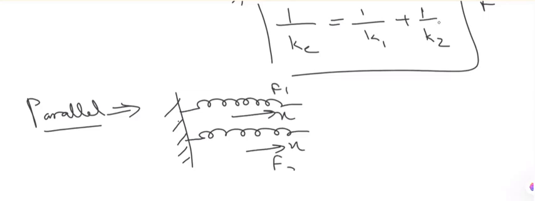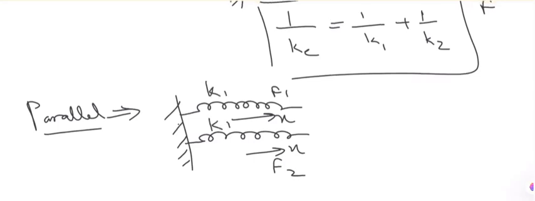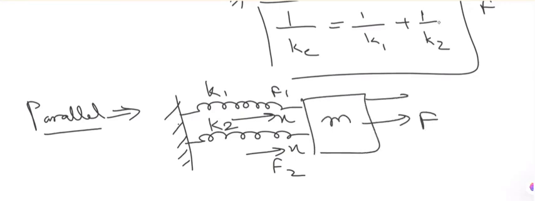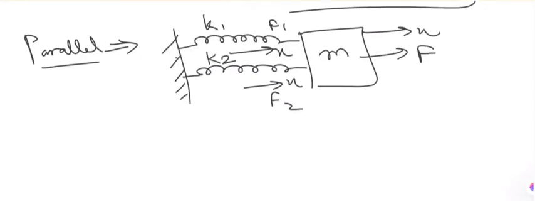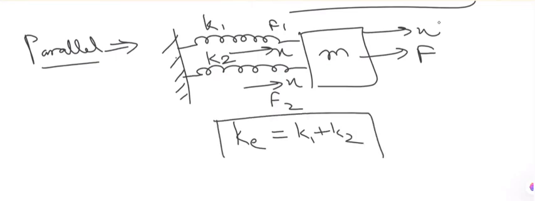Let's take different constants. Mass M is here and it has been stretched with force F, dragged with displacement X. So the formula is K1 + K2. These are the two formulas.